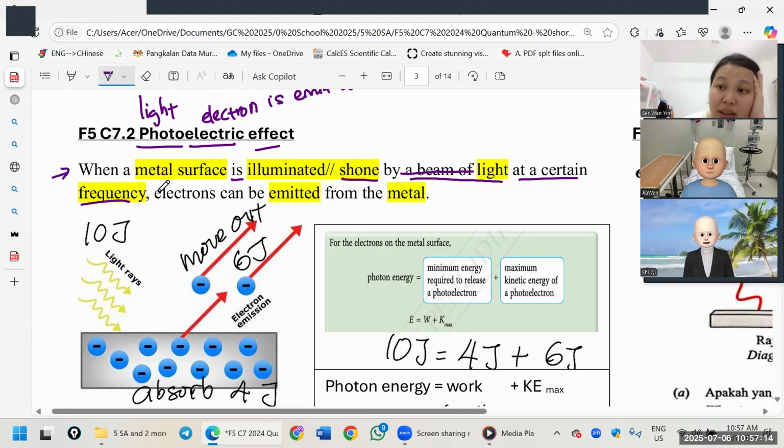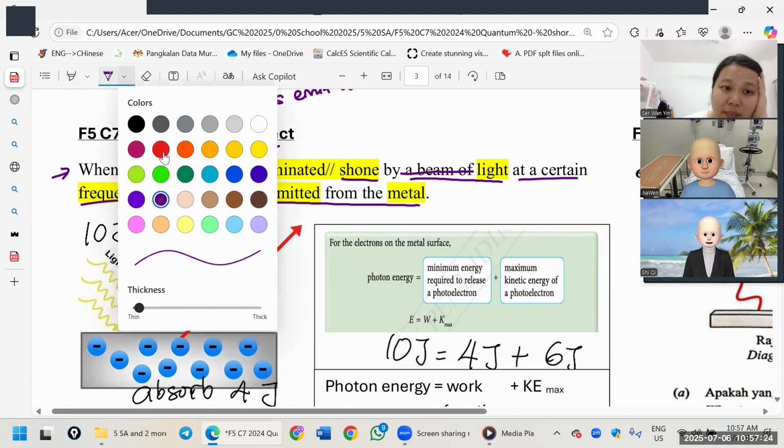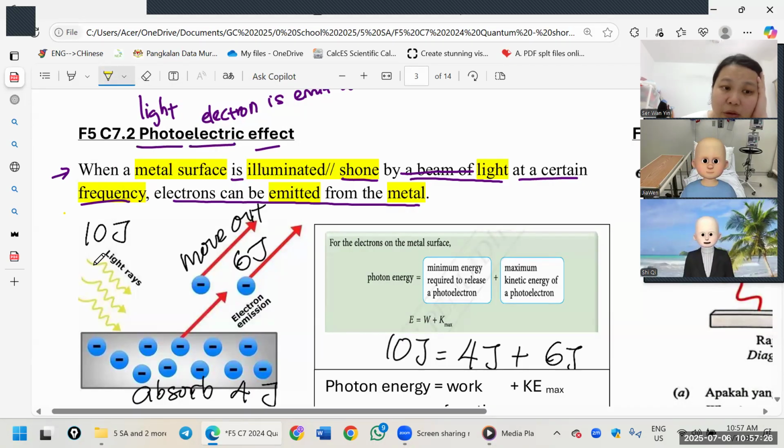I must mention frequency. Electrons can be emitted out from the metal. Basically means if you got light shine on a metal surface, electron will be moved out. But don't use the common word.